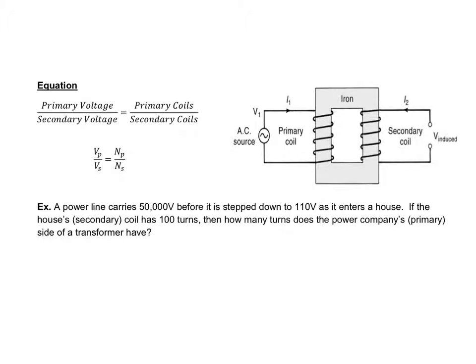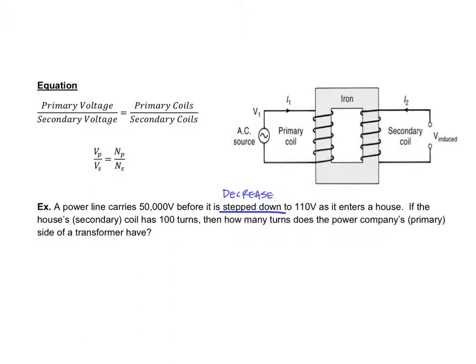So this word right here, stepped down, means to decrease. Anytime you have something stepped down, that means the voltage is decreasing. Anytime it says it's being stepped up, that means it's an increase in voltage.